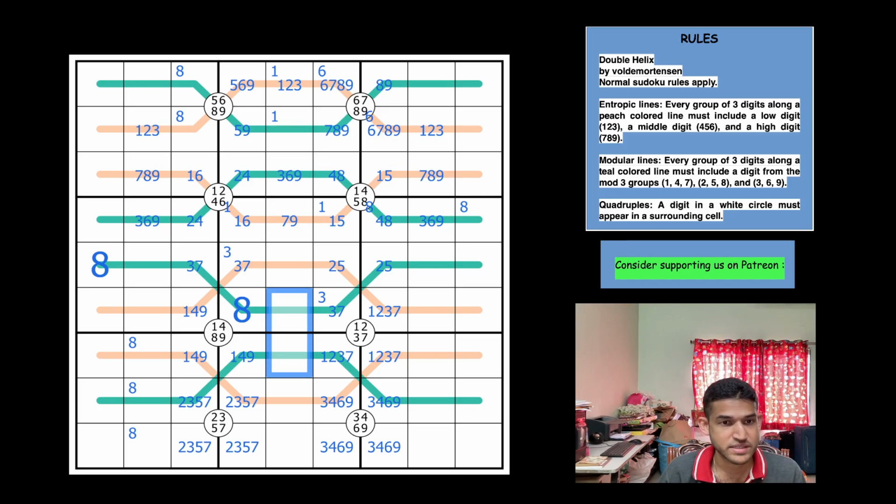Oh, that's interesting. 5 in this box cannot be in these two cells, because if this is 5, these would be both from the same sets, 2, 5, 8, and 5 cannot be here because there is a 2, 5 pair here. So 5 in this box goes in these two cells, and that is absolutely useless.